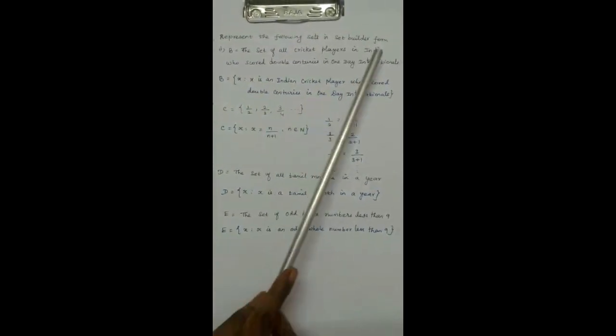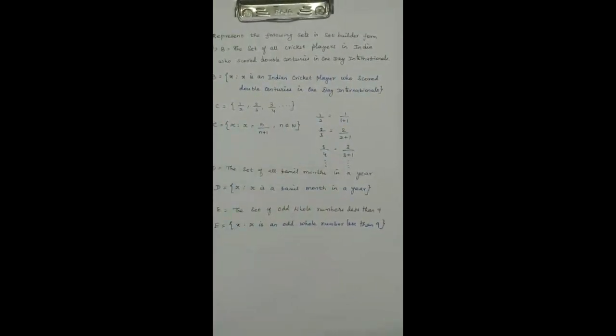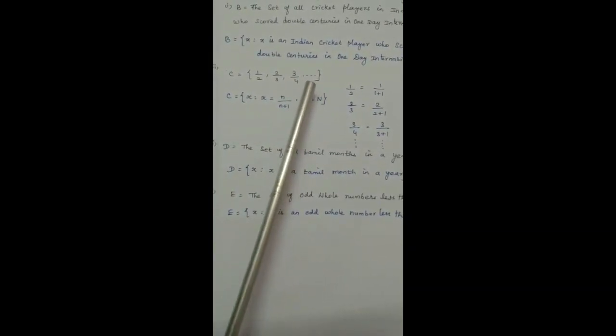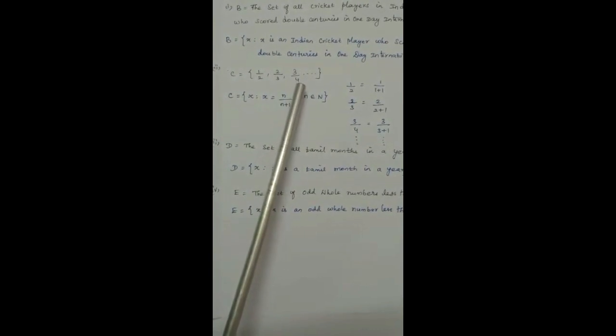B is equal to the set of all x such that x is an Indian cricket player who scored double centuries in one-day internationals.